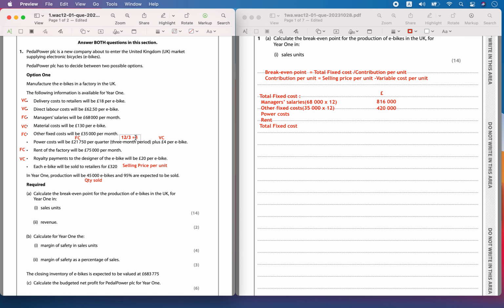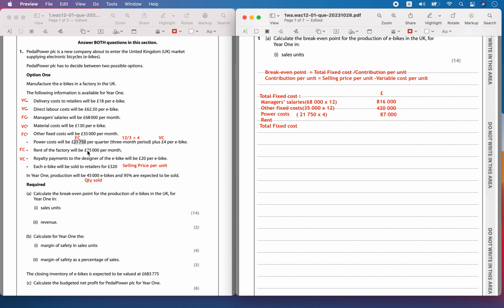So for every 3-month period the fixed cost is 21,750, and for the entire year it is 21,750 times 4. So that is going to be equal to 87,000.